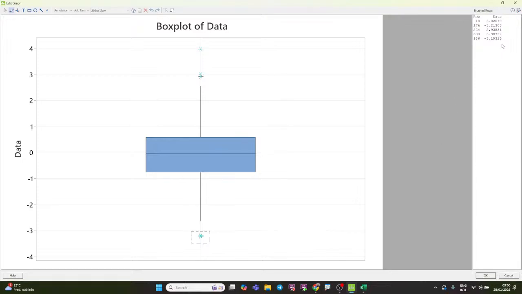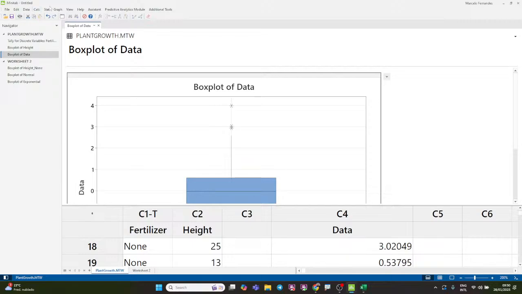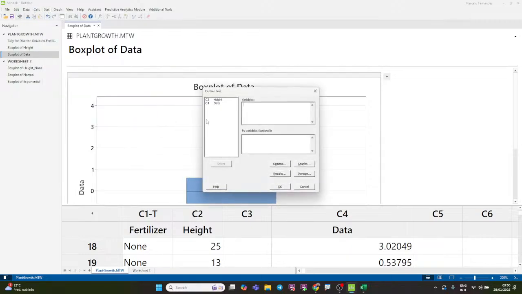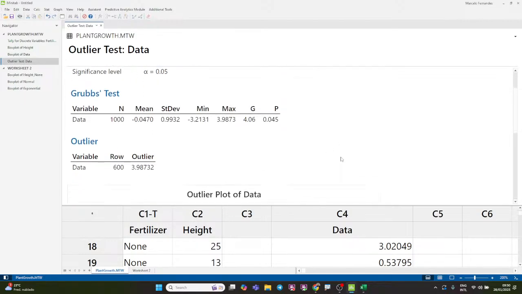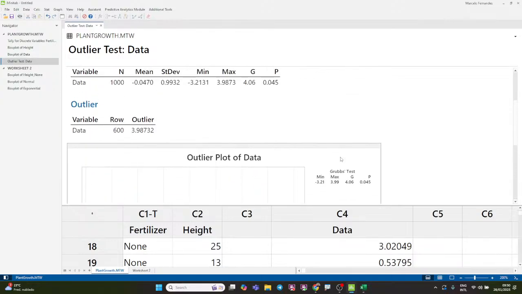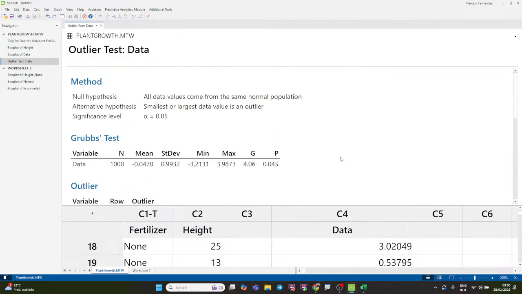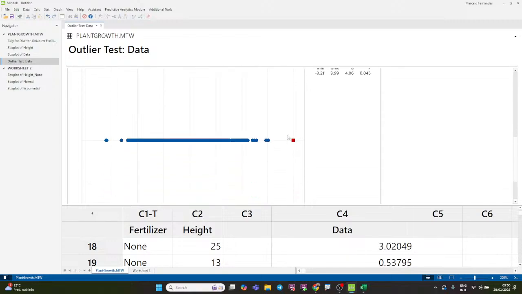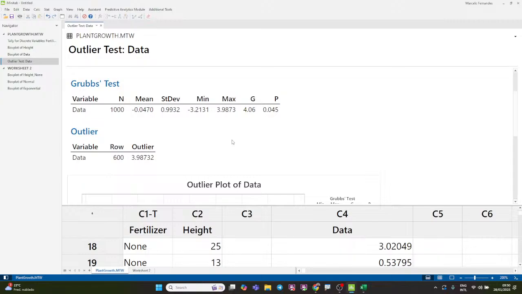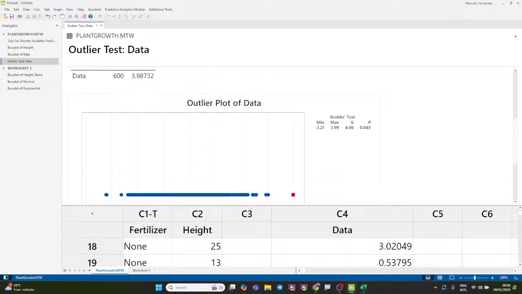So you have 5 outliers in total. And probably if you run an outlier test, you will see that we have pretty much, let's say, as a real outlier, just one. Yeah, just one outlier.